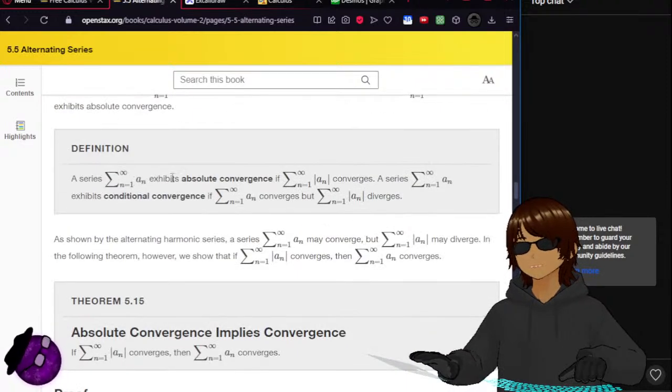A series an exhibits absolute convergence if the absolute value of an converges. Series an exhibits conditional convergence if an converges but the absolute value diverges.